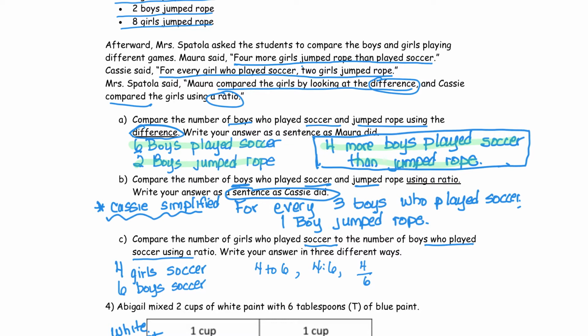On the other hand, letter B, compare the number of boys who played soccer and jumped rope using a ratio. Write your answer as a sentence as Cassie did. Cassie also, we notice, simplified her answer. Now, if you didn't simplify your answer, that's perfectly fine.